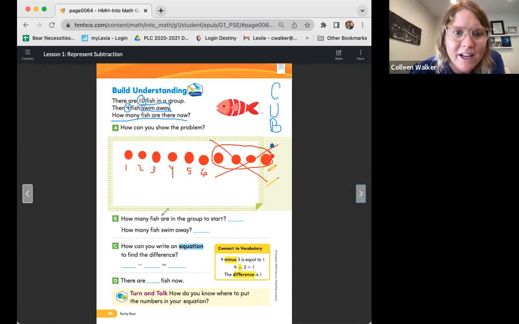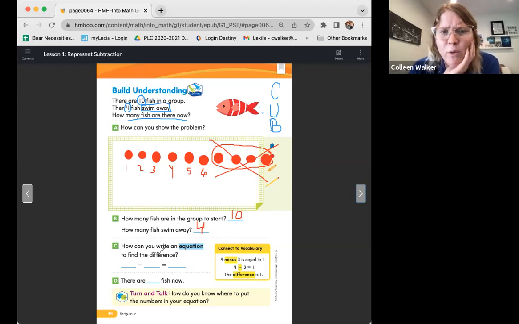It says, how many fish are in the group to start? Do you remember how many? Yes, that's right, 10. And then how many fish swam away? 4. Awesome. How can you write an equation to find the difference? Boys and girls, when we write subtraction equations, we always start with the biggest number. We always start with the total amount.